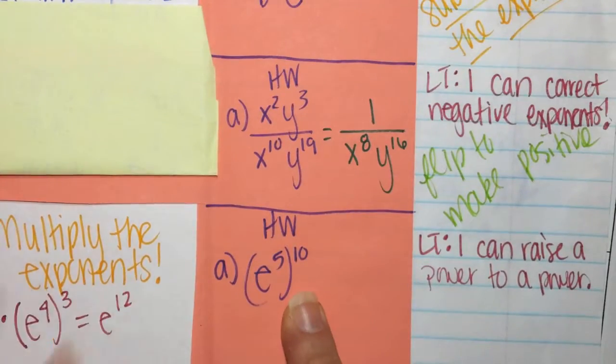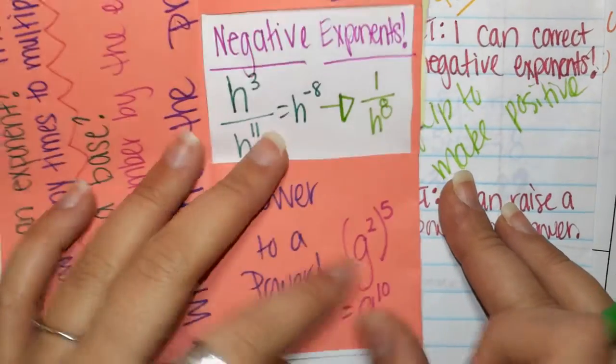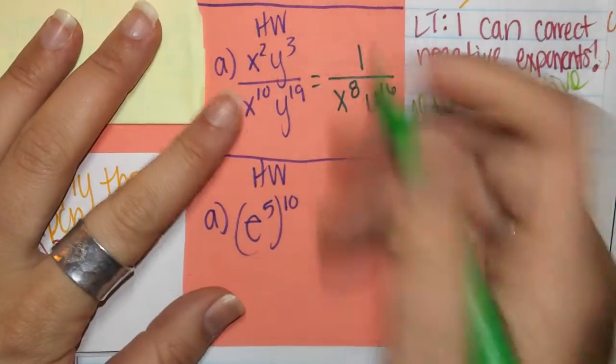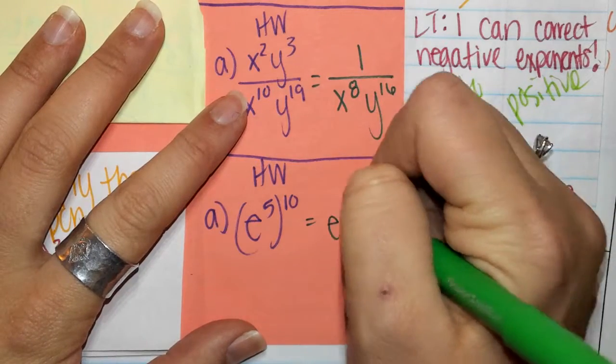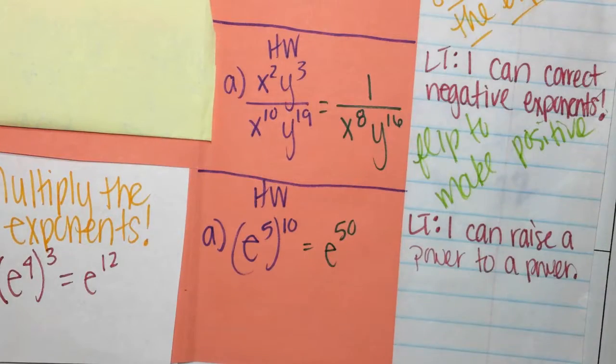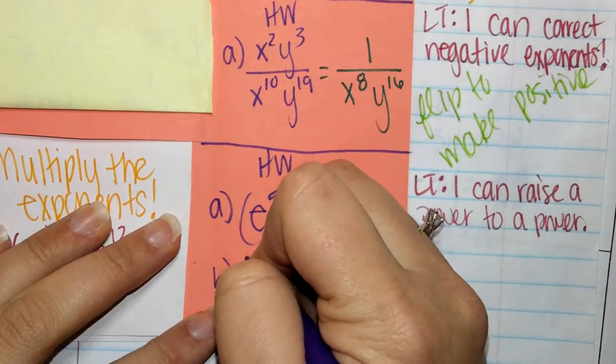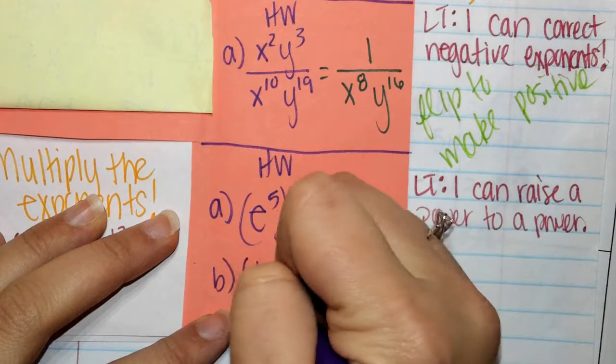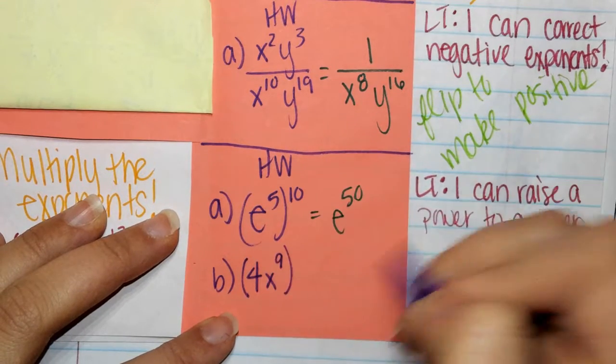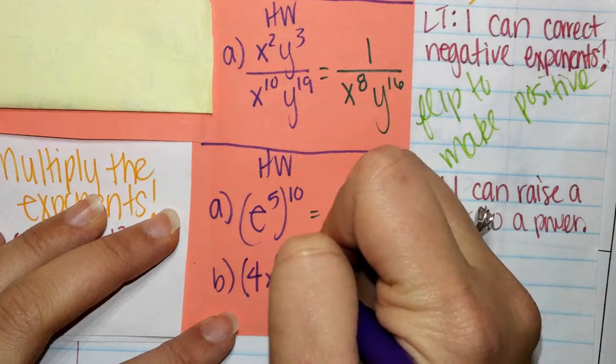On your next homework problem where you had to multiply a power to a power, what did you guys do? And you guys get e to the 50th power? Alright, we're going to do one more like this. We're going to call this b. And I'm going to say 4x to the 9th, squared.